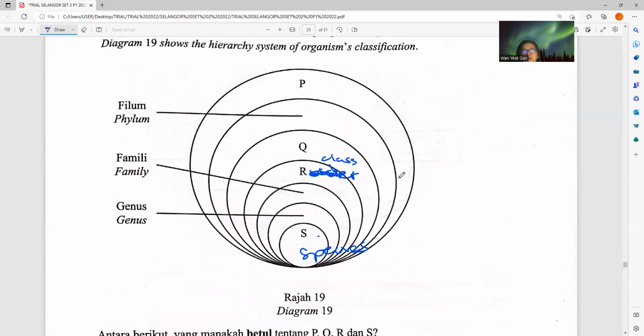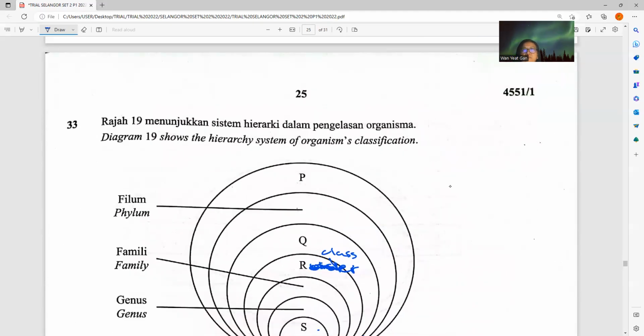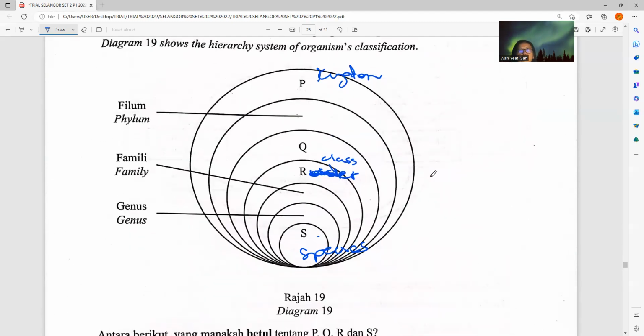And then you have the kingdom. Okay, kingdom, phylum. So then you have class, order, family, and genus and species. Okay.